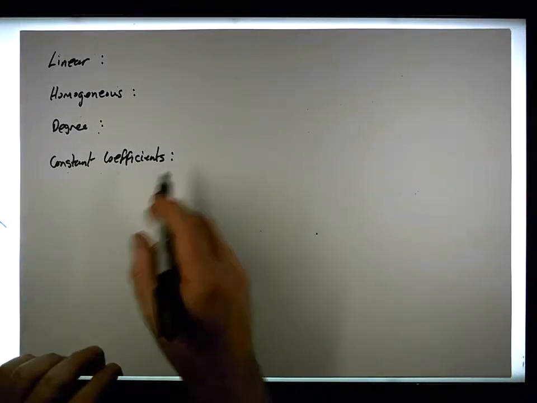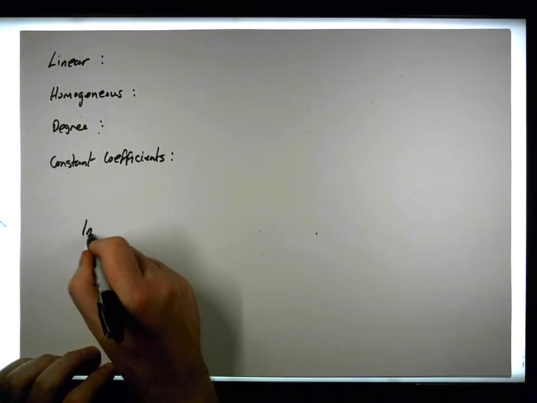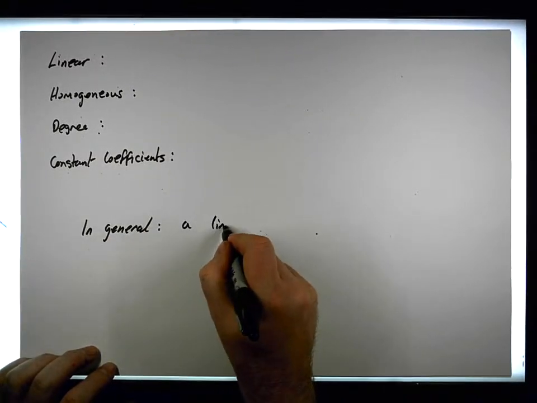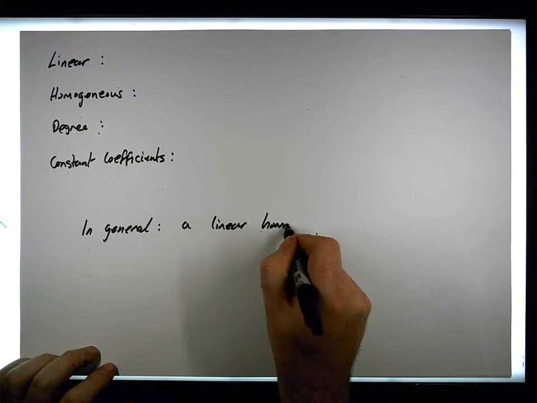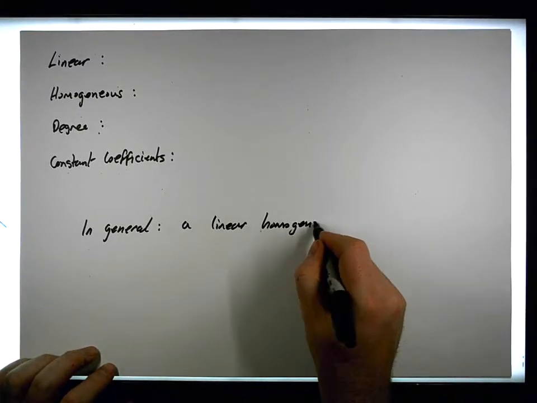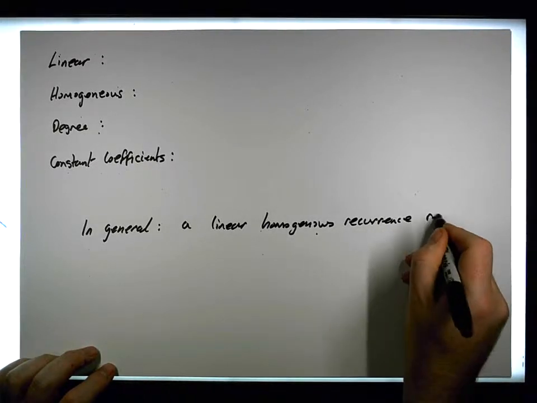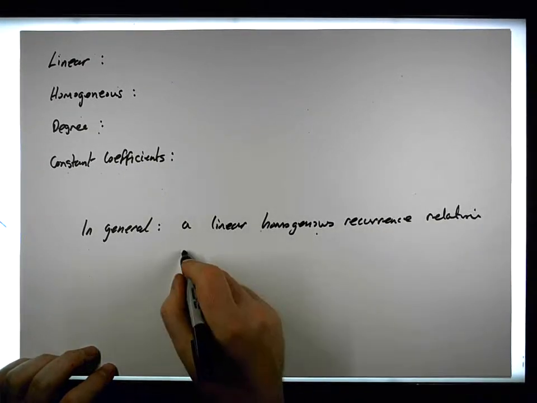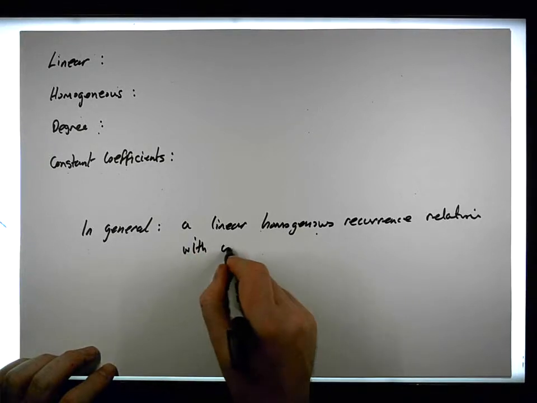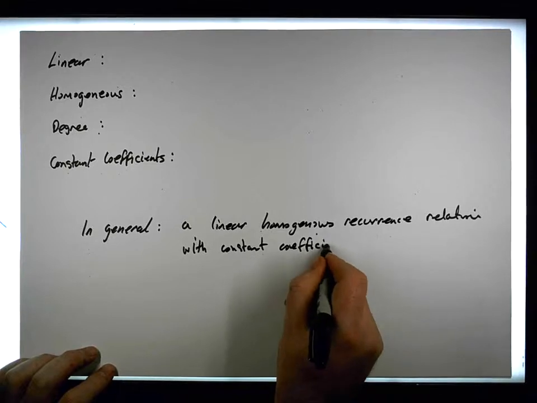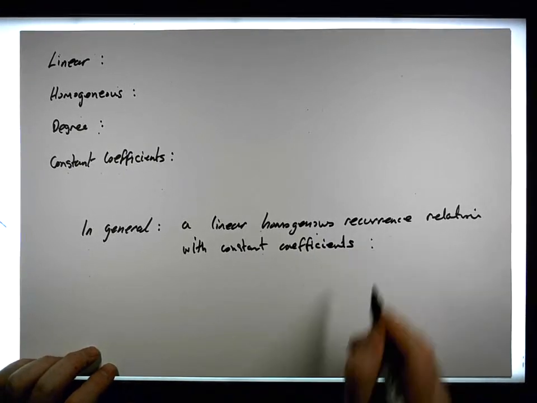So we said that a recurrence relation in general, a linear homogeneous recurrence relation with constant coefficients, looks something like this.